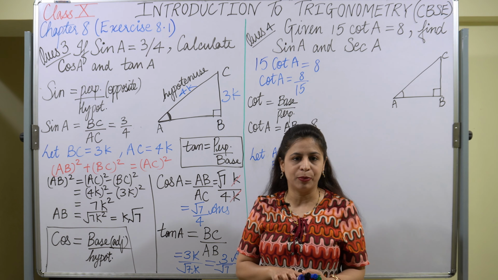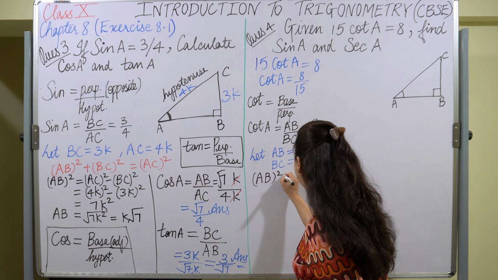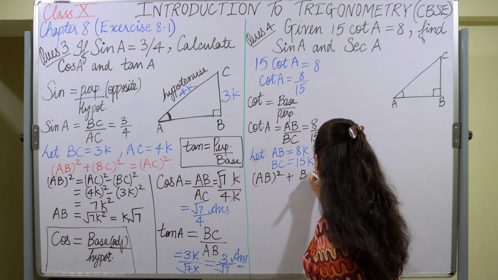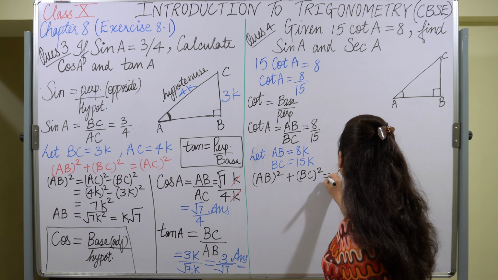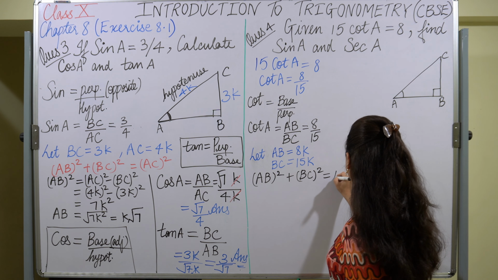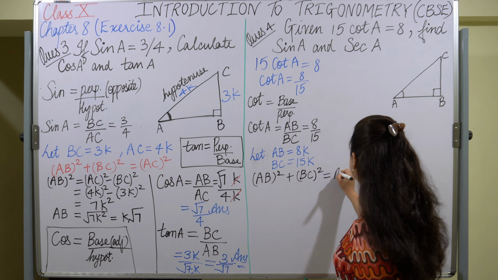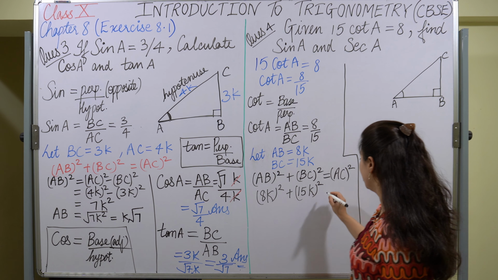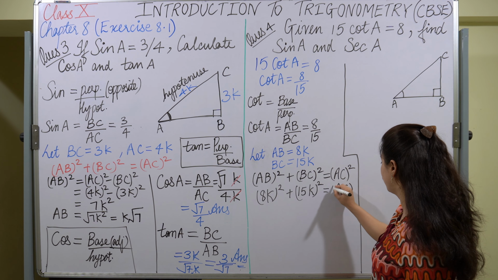So AB square plus BC square will be equal to AC square. So AB is 8K square plus 15K square will be equal to AC square.